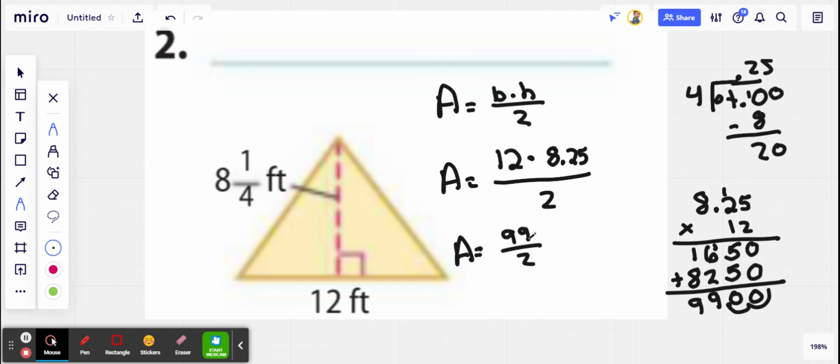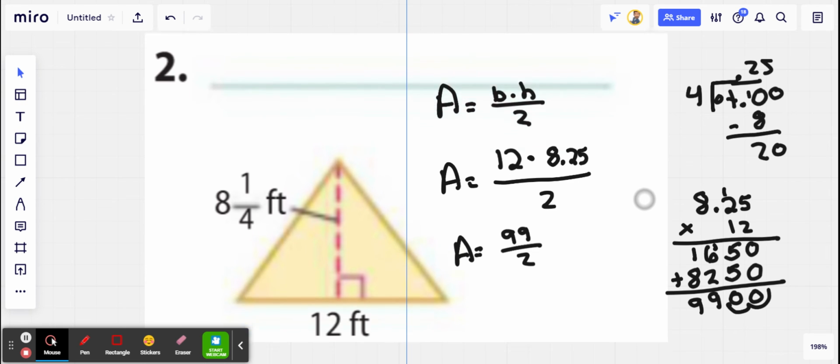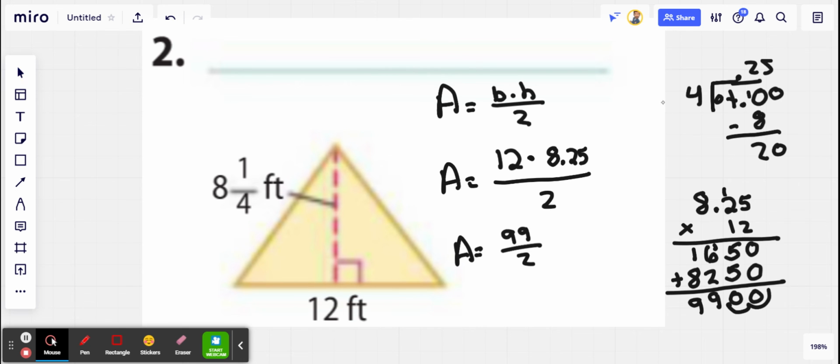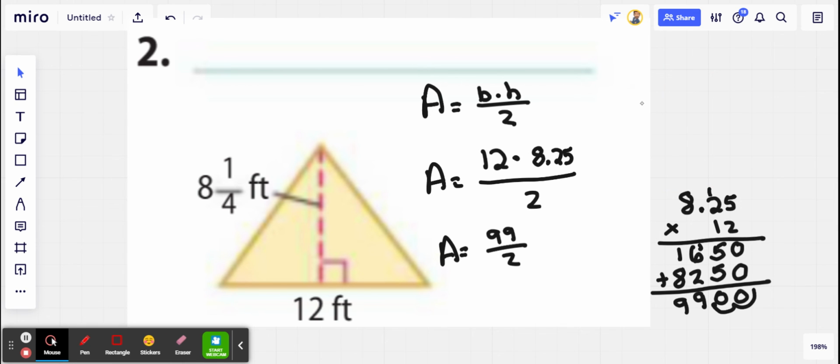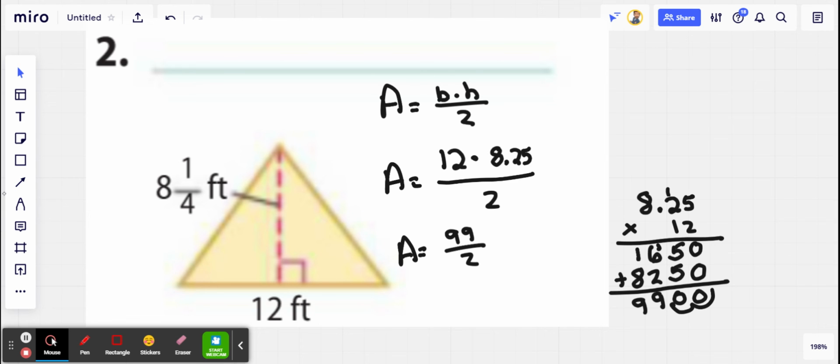So I'm going to divide 99 divided by 2. And let's go ahead and divide 99 divided by 2.